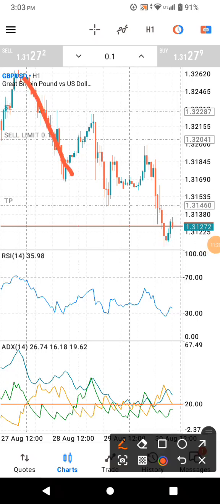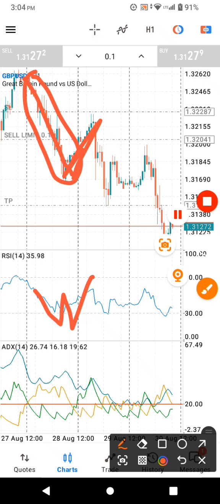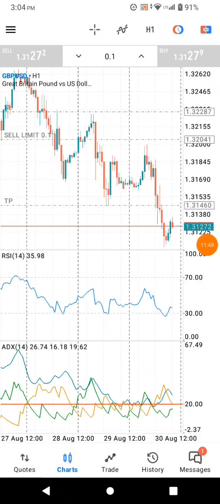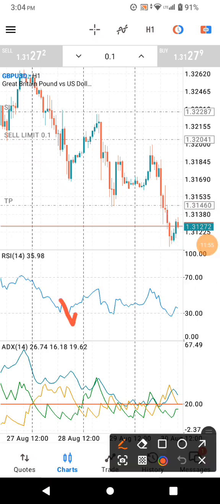This was the trend on H1. Then we saw this big pullback. What caused this big pullback is because the RSI went below 30, then came back up. So the trend initially was on H1, but due to the RSI coming below 30 and going back, the trend now is no longer on H1. The trend is on H4.